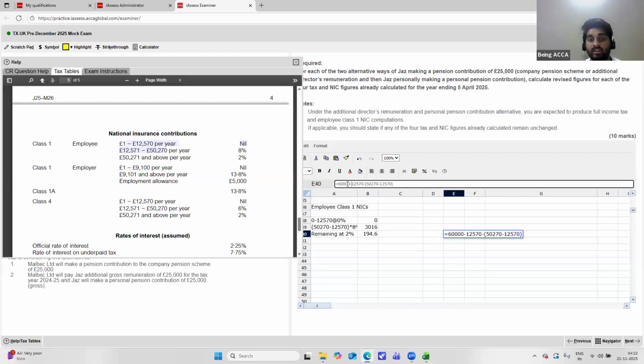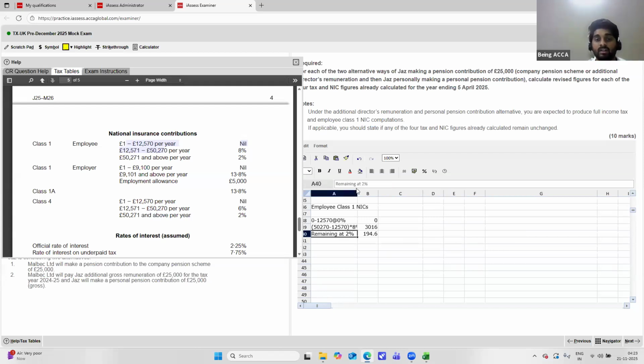So the total is 60,000. From that, 12,570 is taxed at 0%. And additionally, how much is being taxed at 8%? It is the difference between 50,270 and 12,570. All right. This will be your calculation. You do not have to present it; you can always show it here.